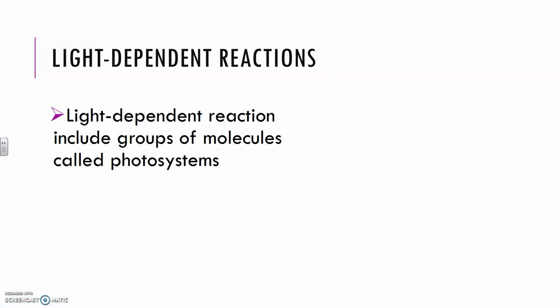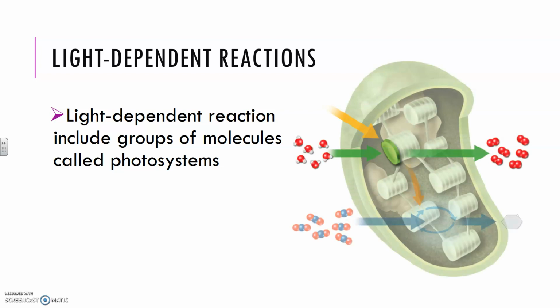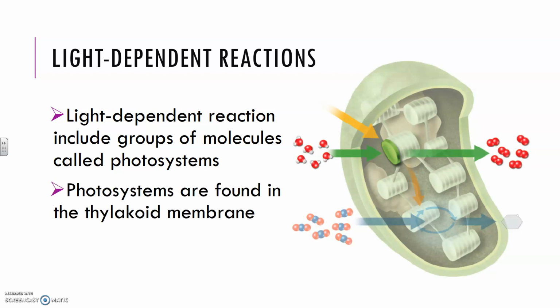Alright, so now we're going to focus in more on the light-dependent reactions. Light-dependent reactions include groups of molecules called photosystems. Photosystems are found within the thylakoid membrane.